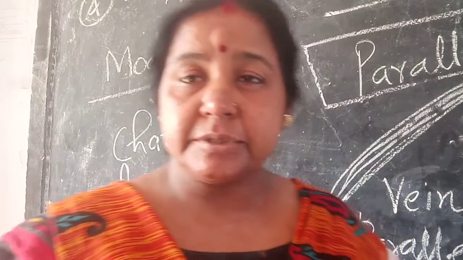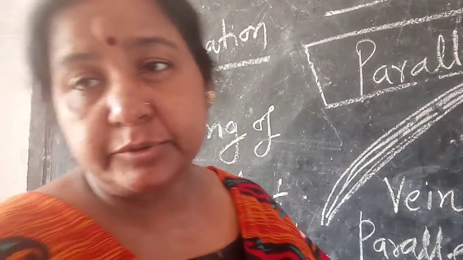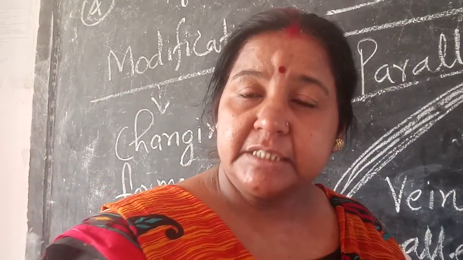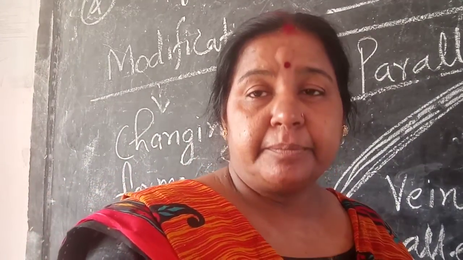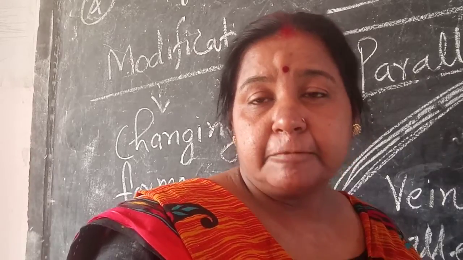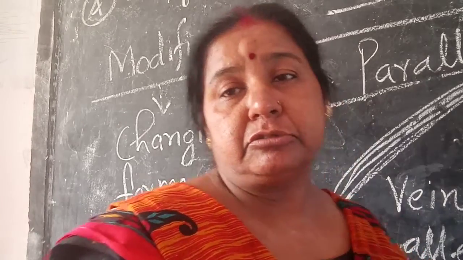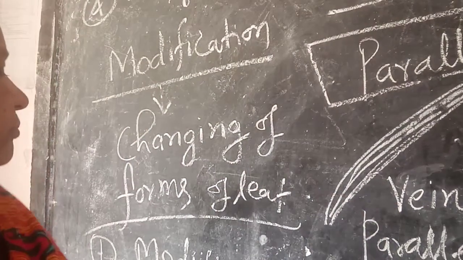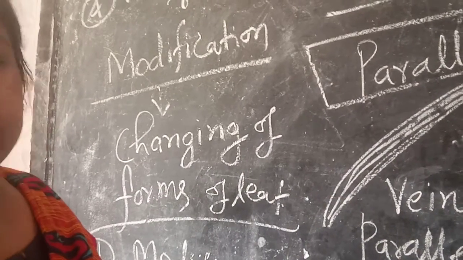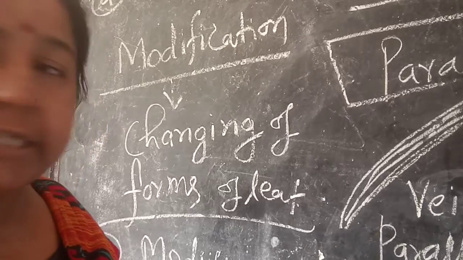The leaves are modified, changing their shape and form for what function? For preventing the loss of water, that is, they are changed into spines. Understand?